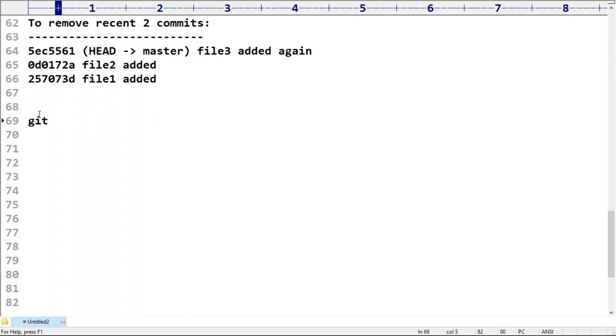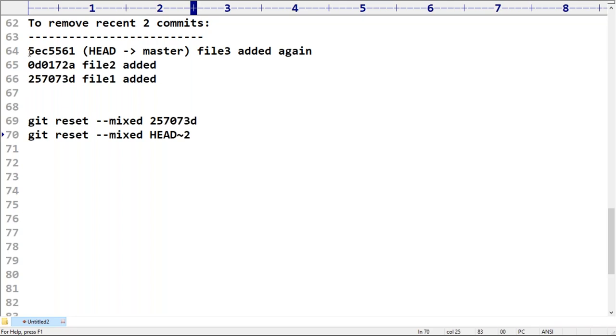If you want to remove these 2 commits, then this one will become head. That's why git reset hyphen hyphen mixed, and then this one we have to take. Head tilde 2 we have to use.